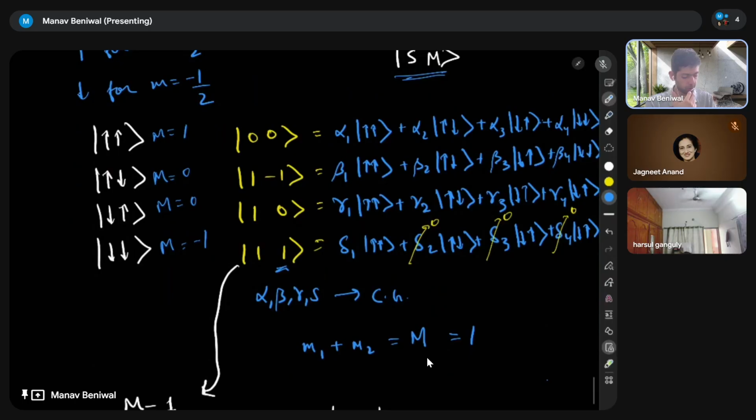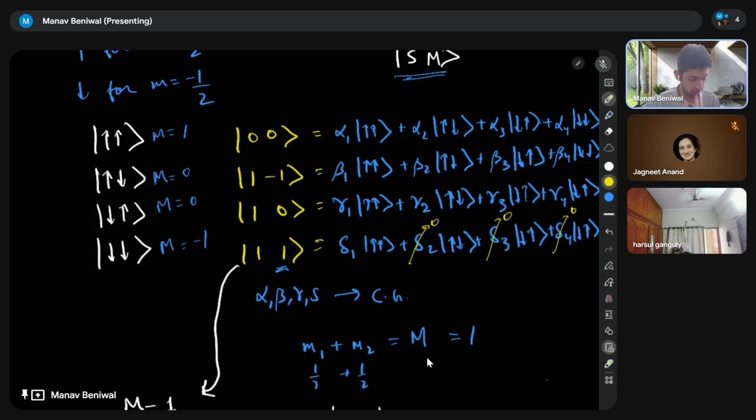So the only possibility for this selection rule to be followed is when both of them are plus half, correct? Which means only the first term. All other terms do not follow this selection rule, so they are essentially 0.